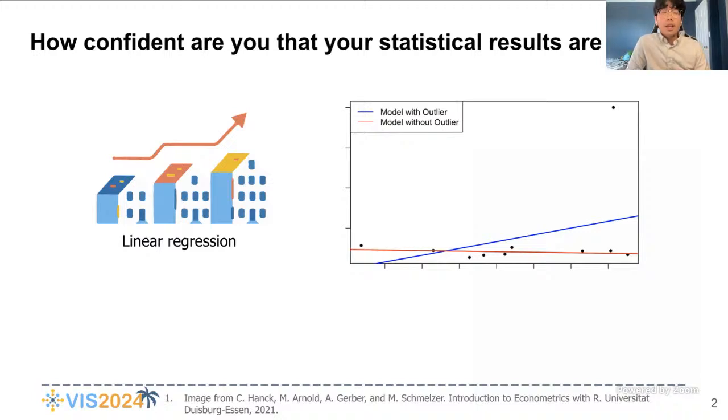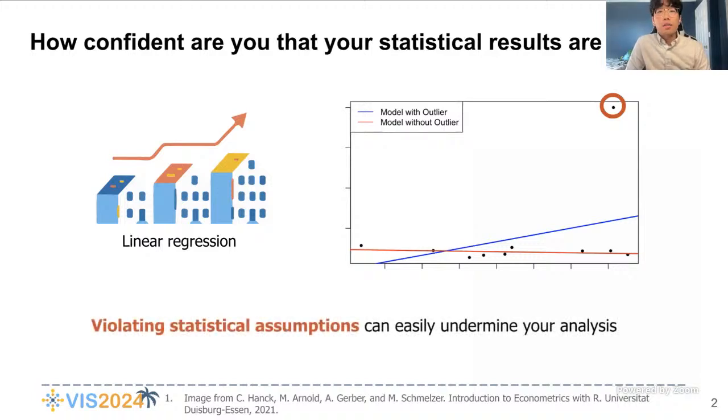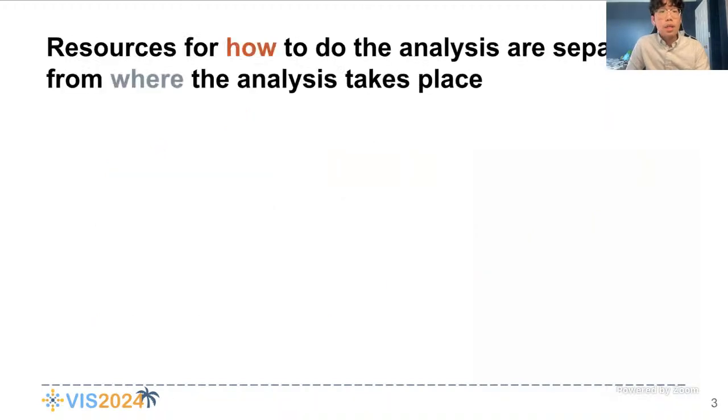And if we include them, the model may be skewed, like the blue line. That is, violating statistical assumptions can easily undermine our analysis if we don't have enough instructional resources.